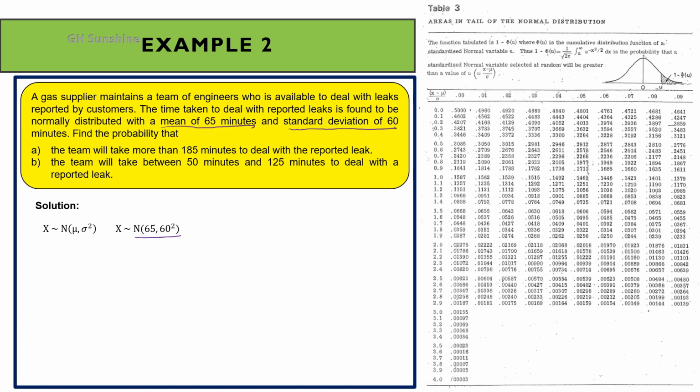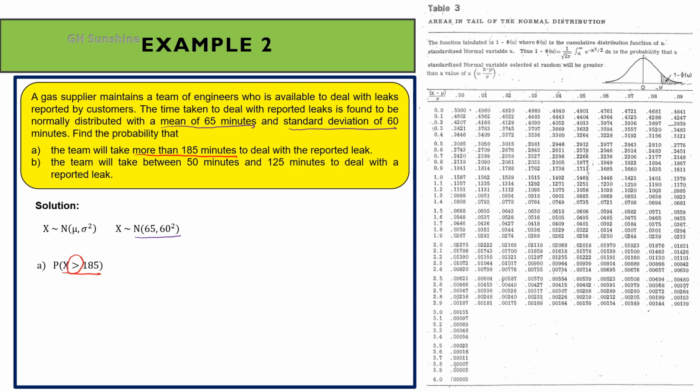First question: find the probability that the team will take more than 185 minutes to deal with the reported leak. Therefore, X is greater than 185 minutes.